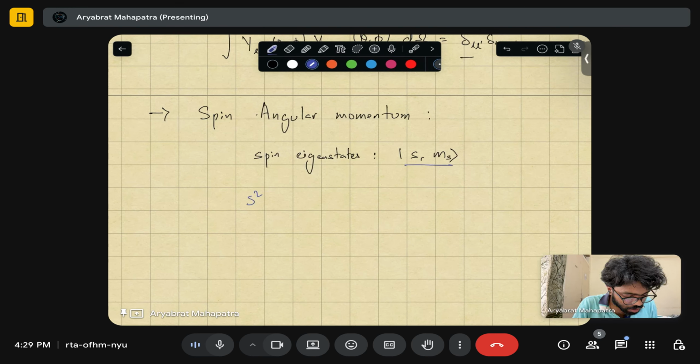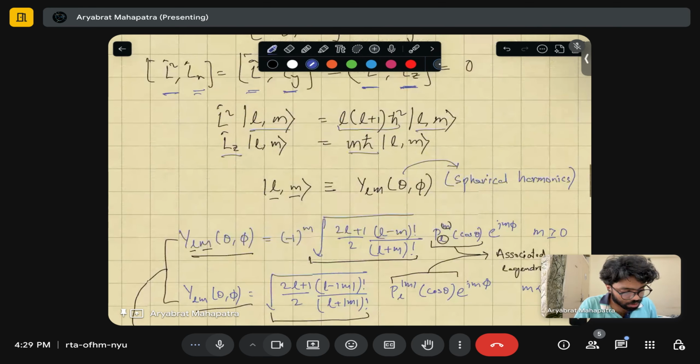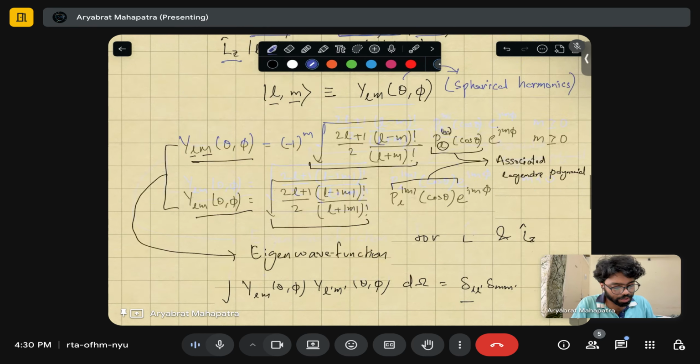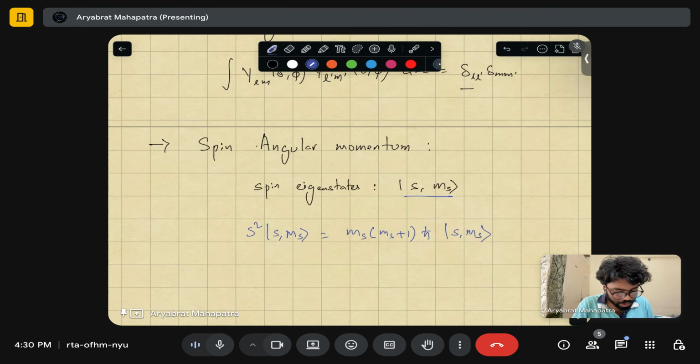If you operate the S squared operator on these eigenstates |S, MS>, similarly to what you found here, they give S times S plus one, ħ squared, |S, MS>. For orbital angular momentum, they give L times L plus 1, ħ squared, |L, ML>.